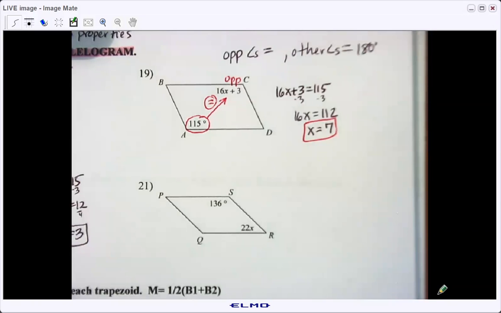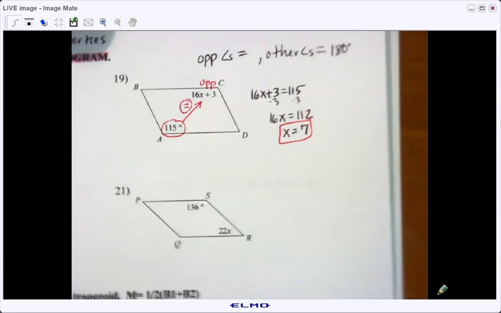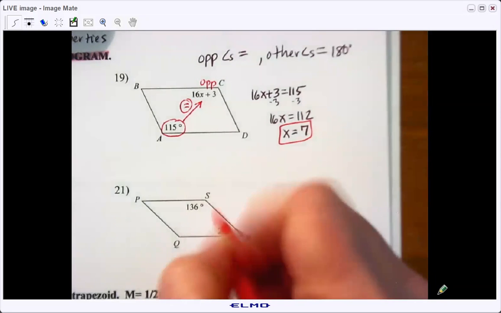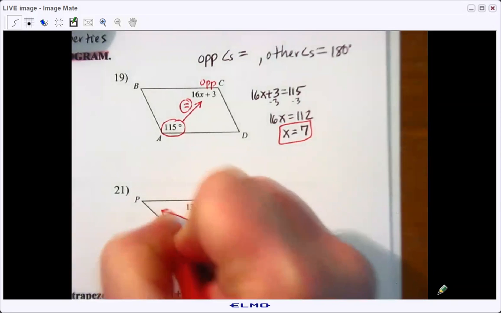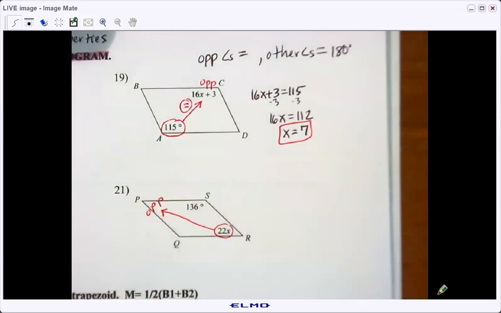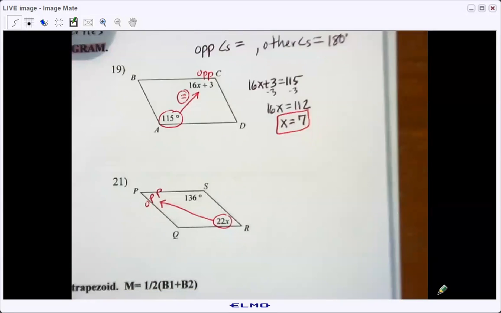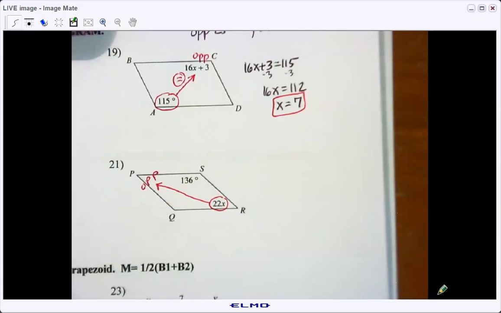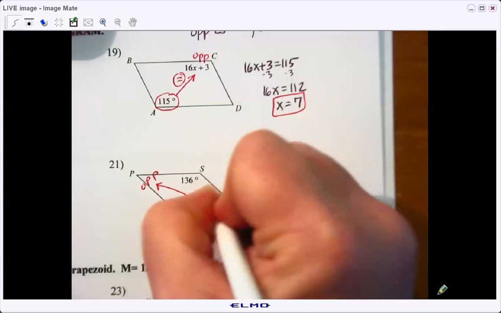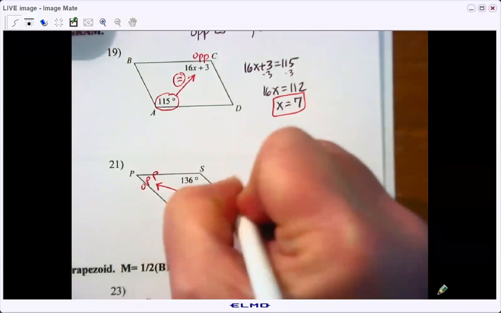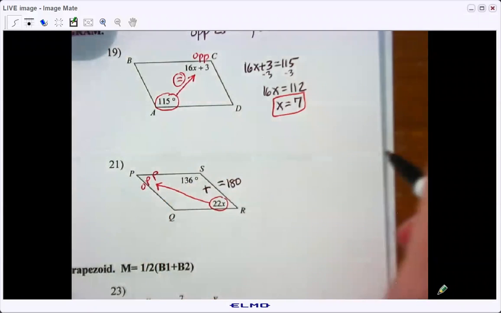Okay. So on number 21, if this is my angle, this would be my opposite. Is it an opposite or another? Another. It's an other. Okay, so that means that these together have to equal 180.